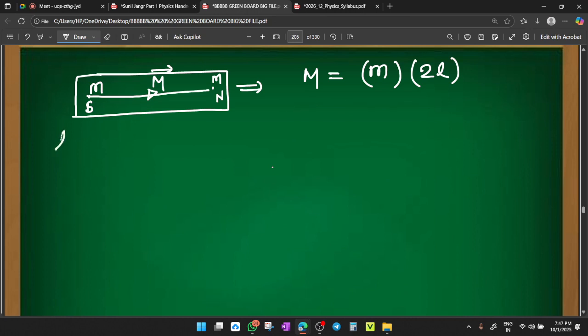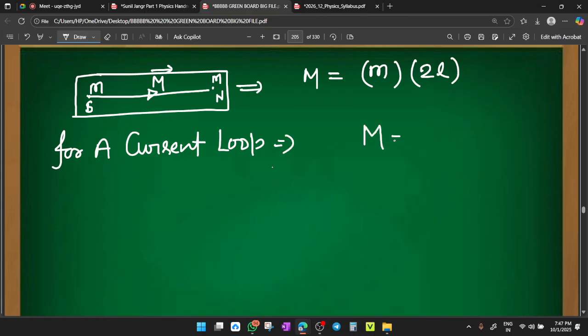Now, for a current loop, remember M equals I multiplied by A. I means the amount of current flowing, and A means the cross-sectional area. Clear, beta?